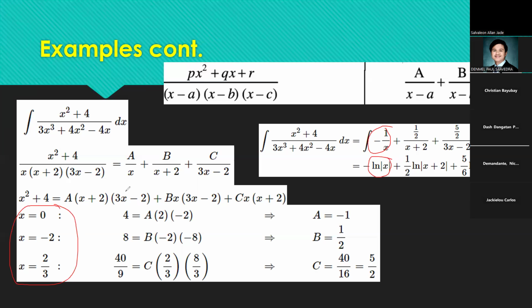Ang goal mo is by having this value that you will assume is that you will make the two variables zero and then one variable has a value. Okay? Kayo yung mag-a-assume nito. Kayo yung mag-iisip ano nga ba yung value para mapa-zero ko yung iba and then will give me a value of A, B, and then C. Okay? Yes, sir. Thank you. Alright.